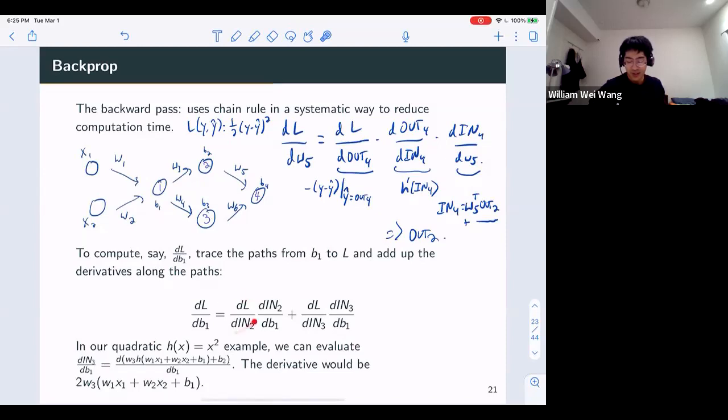And naturally, these ones you can decompose in the same thing. So dL over d in 2, well, that's dL over the output 4 times d output 4 over d in 4 times the d in over d out, and so on.